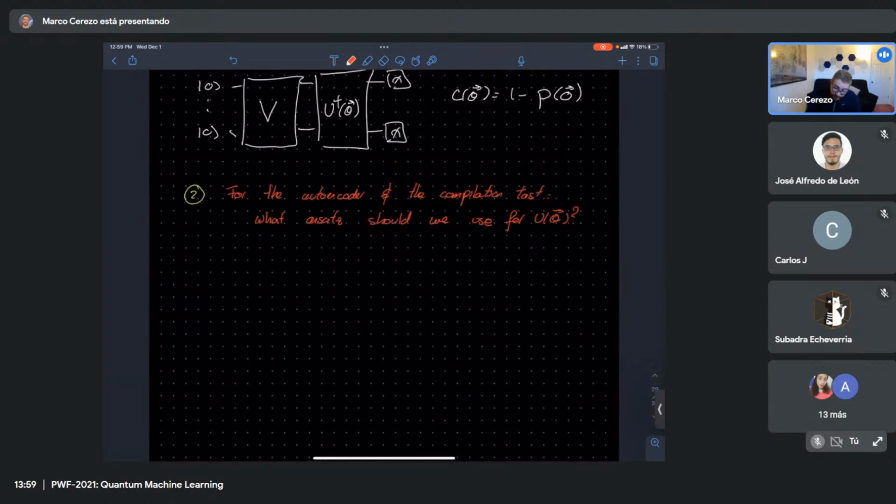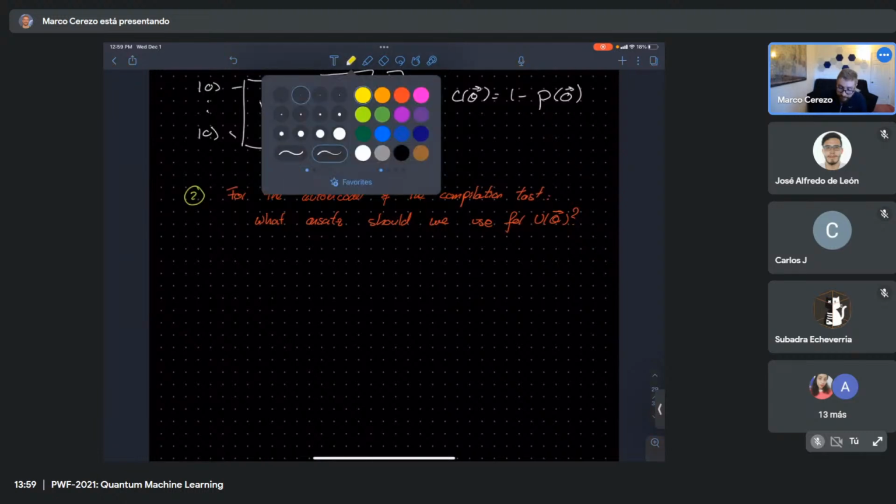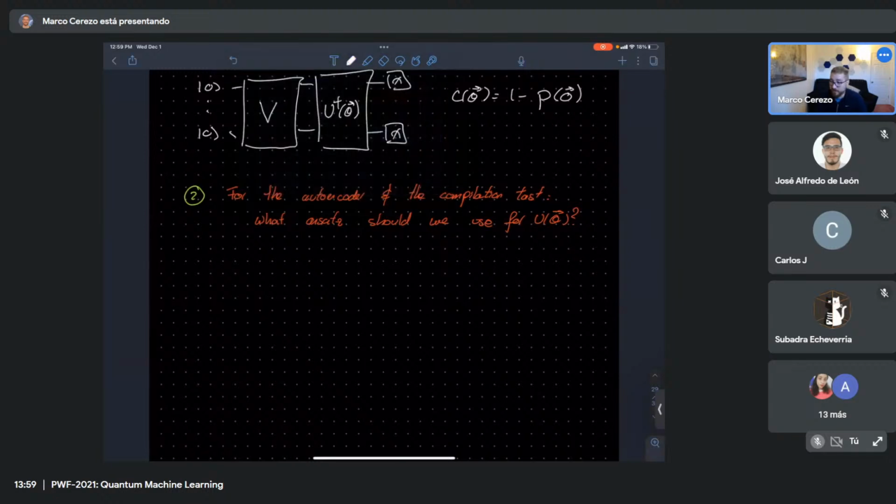So this is actually going to lead us to study a very important, very open and pressing question in current quantum machine learning and quantum variational algorithms, which is the ansatz design problem.